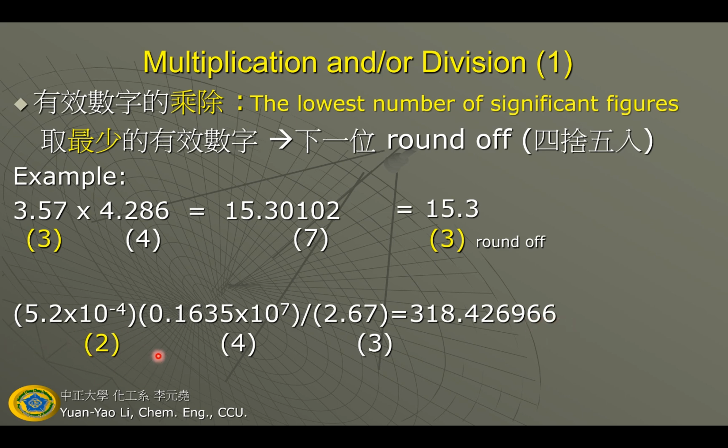However, you need to choose the lowest number of significant figures, which is 2, so you have 2 here, right? And this one is rounded off. So the answer you will get is 320. Okay? So this is the answer.